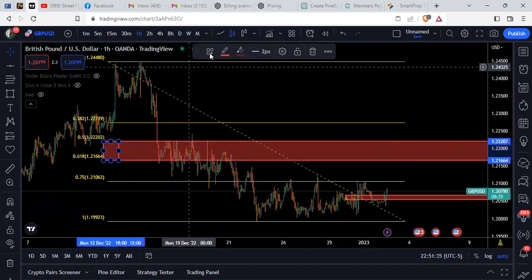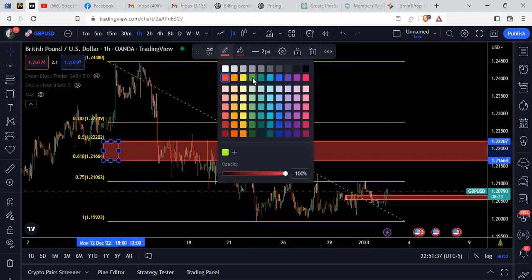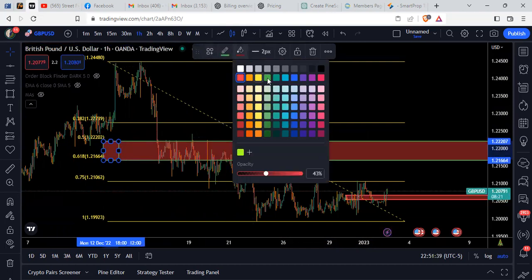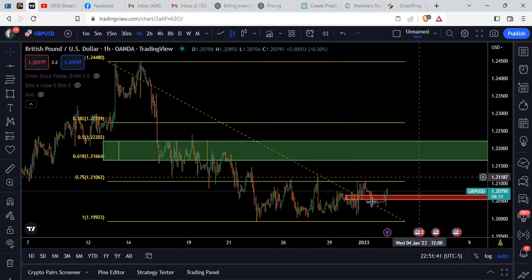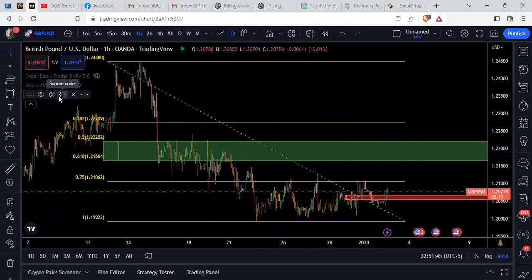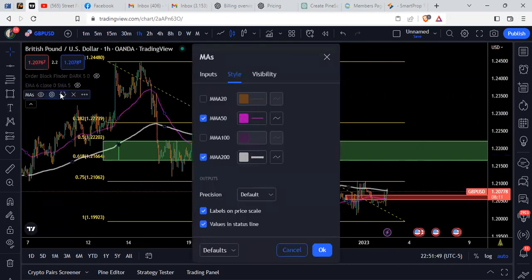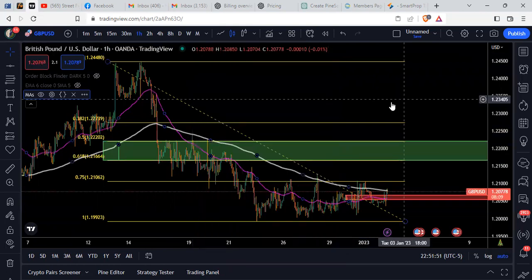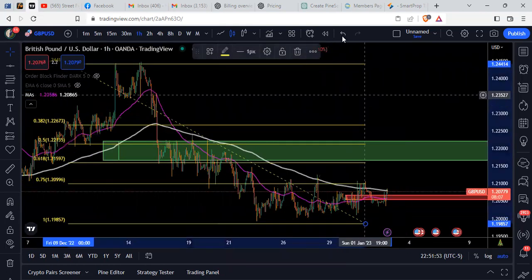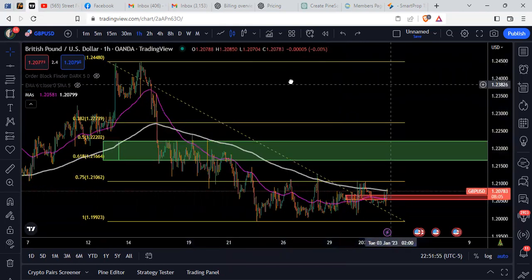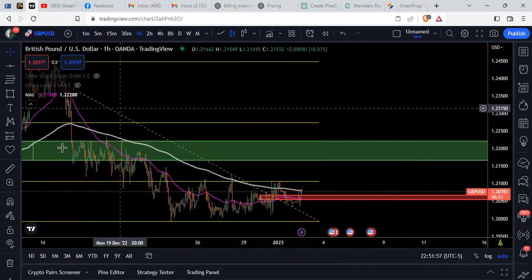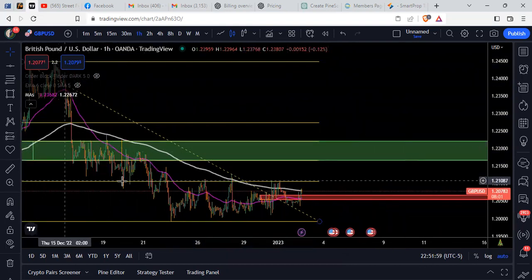I want to make this green, so I know this is my sweet spot. So now I know I got the 200. All right, so now I know I want to see price give me something like this.